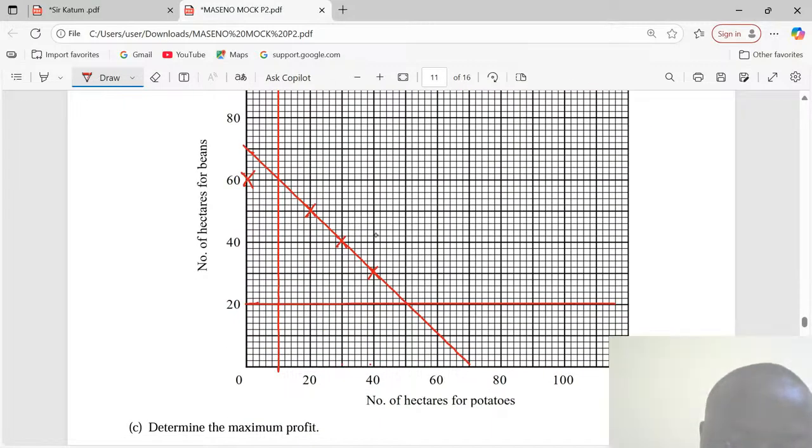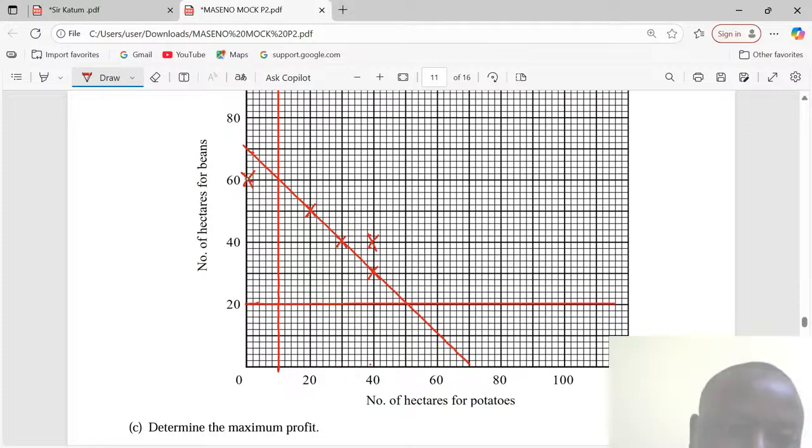Let me check, 40, 40 is here. So we do a straight line at that point, a very smooth straight line to represent the fourth inequality.